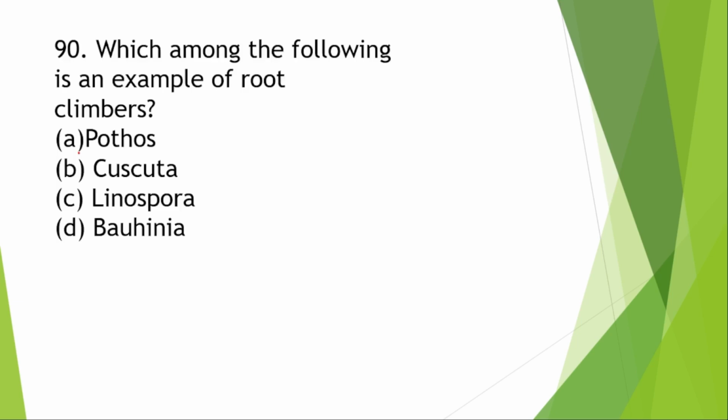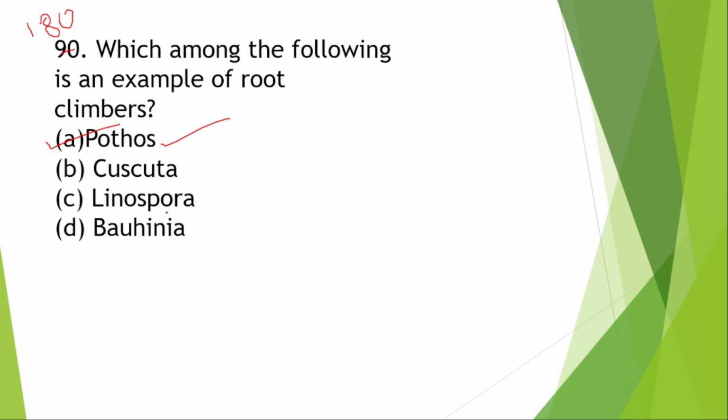This is the last one, 180th question. Which among the following is an example of root climbers? Pothos, it's a money plant. It is a well known example for the root climbers. Cuscuta is a parasitic plant, so the right option is A itself.